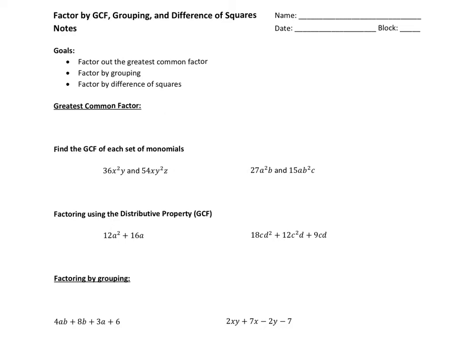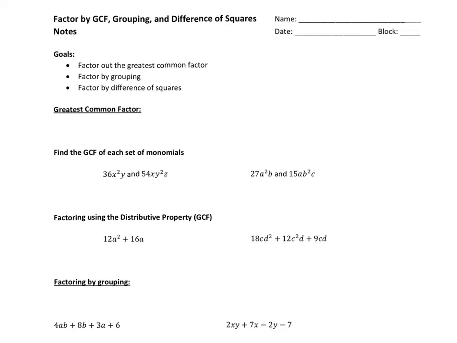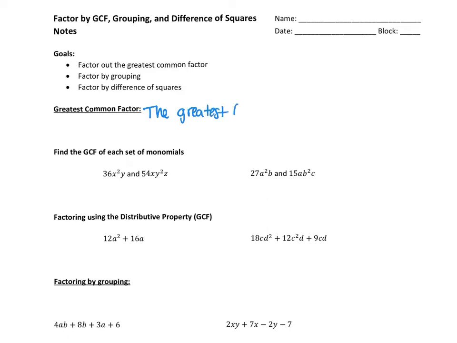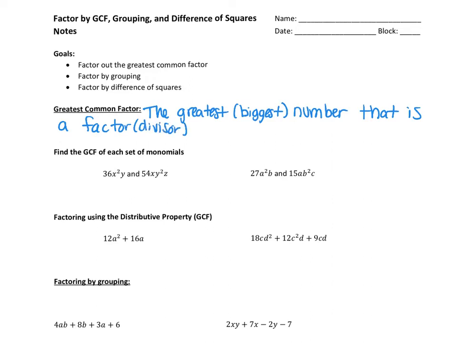The greatest common factor is the greatest, or the biggest, number that is a factor, or sometimes we'll call it a divisor, of both the original numbers.